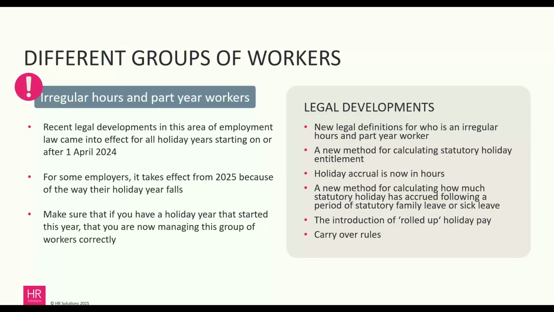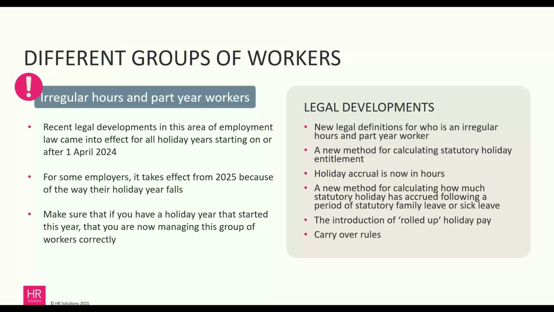Now, the reforms that came in last year, as you'll see here on the slide, we have a new legal definition of who is an irregular hours worker and who is a part-year worker. And the employee must meet that criteria to then have their holiday managed in the rules I'm talking about. There's a new method for calculating holiday entitlement. We must now also base our holiday accrual calculations in hours, not days.